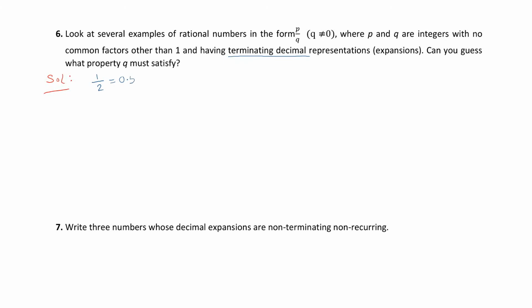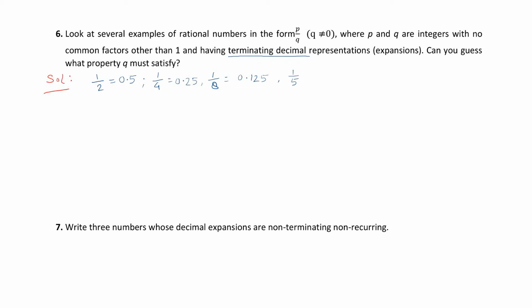Definitely it is terminating. Let's say 1 by 4. So its decimal expansion will be 0.25. It is again terminating. 1 by 8. So it will be 0.125. So again it is terminating. 1 by 5.